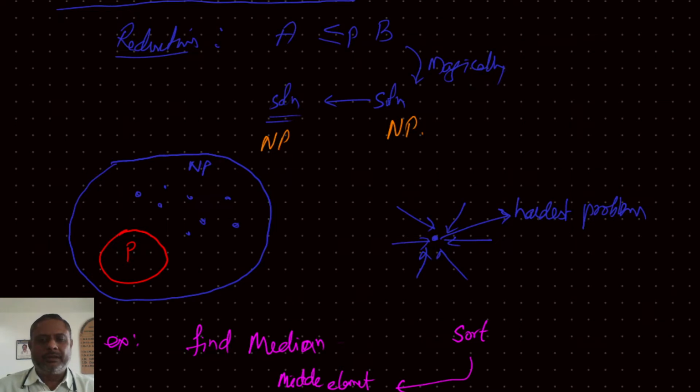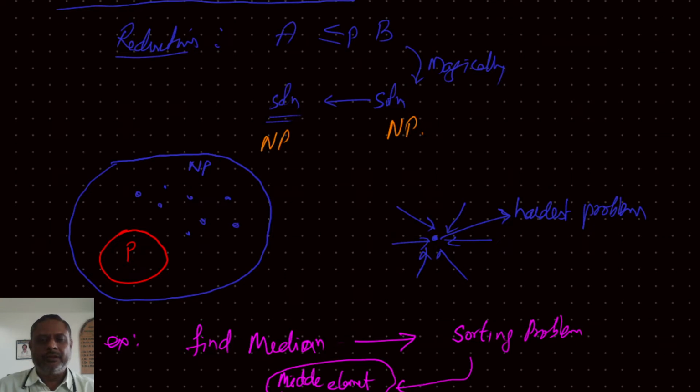So that's the problem conversion we are doing. That means we can convert our problem of finding median into a sorting problem, and the result of this sorting problem can be used to find the solution of this problem.